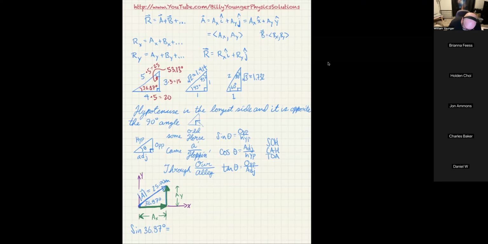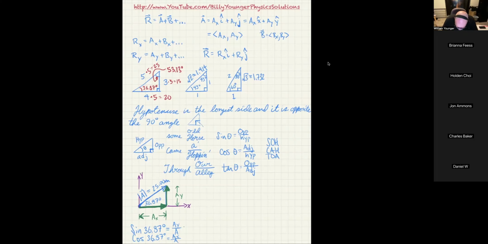So what I have to write now is opposite, which would be A_y, over hypotenuse, which is just plain A. Remember, I can write it that way, or I can write it with absolute value bars. Now I can also do cosine 36.87 degrees. And in this case, it's going to be adjacent over hypotenuse, so that's A_x over A.